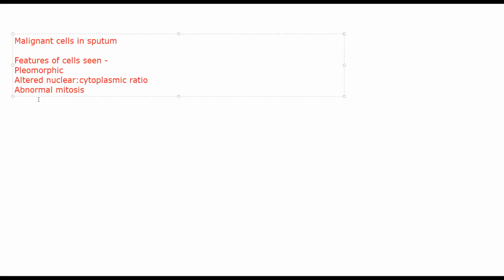Now, you can use several stains to detect bacteria. Specifically, if you are trying to detect bacteria in sputum, you can use four common stains. First of all, the most common, the gram stain.